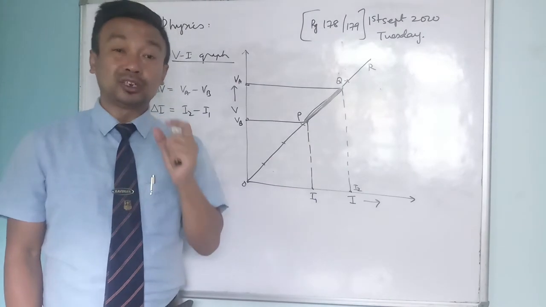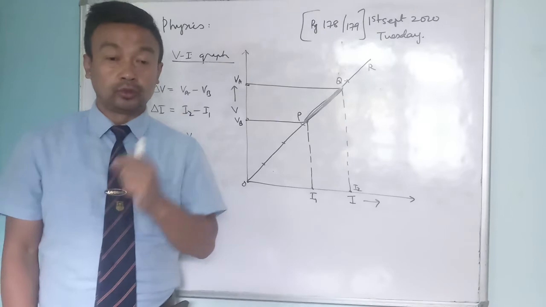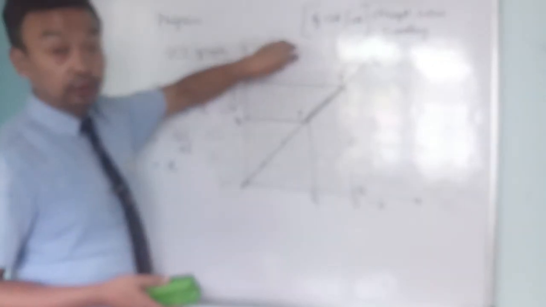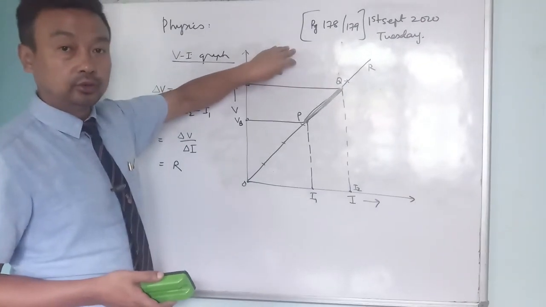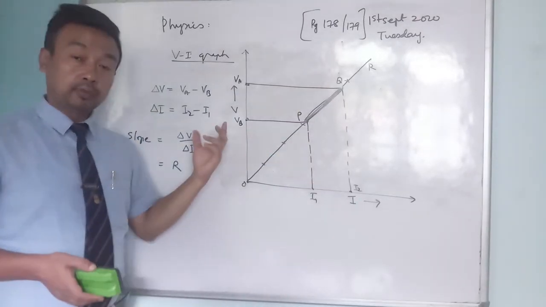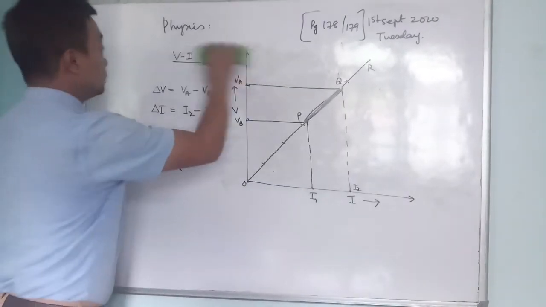That means the potential difference is directly proportional to the current. This is also an important topic from an exam's point of view. In the new reduced ICSE syllabus 2021, this graph is also given. It is explained in the textbook, and you can copy from the textbook as well.